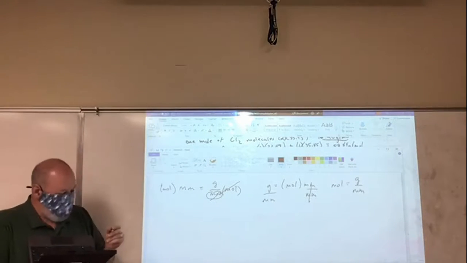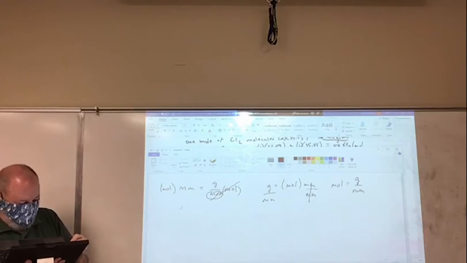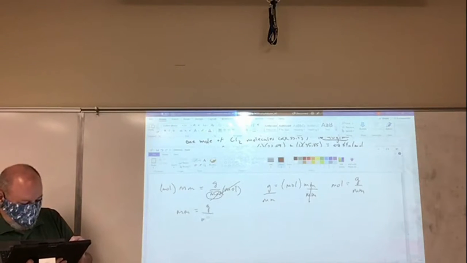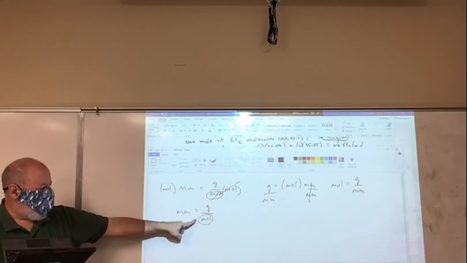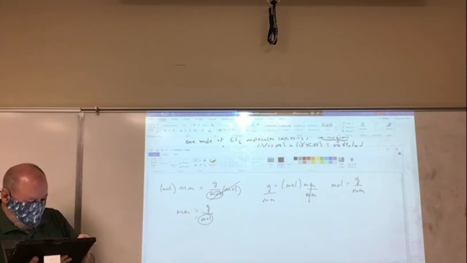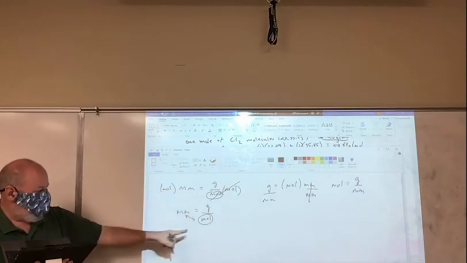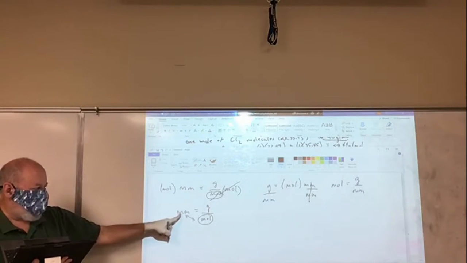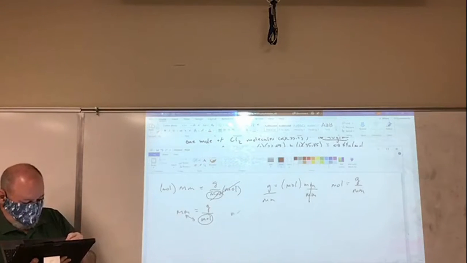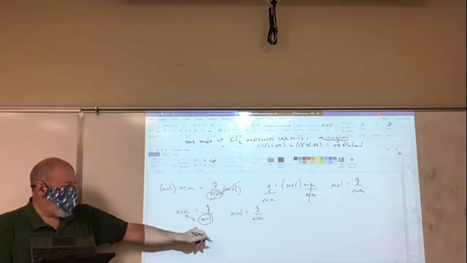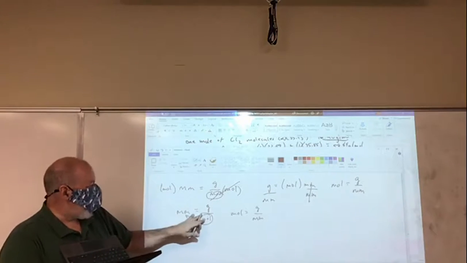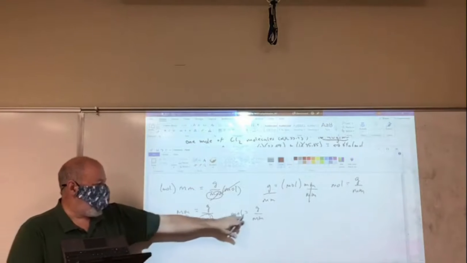Or the other way, which is a lot easier, is just simply to remember that if you have something in a denominator that you want to isolate by itself, all you do is switch the denominator with what's on the other side, right? And that would leave you with moles equals grams divided by molar mass. Okay, so very easy to get from molar mass to moles.